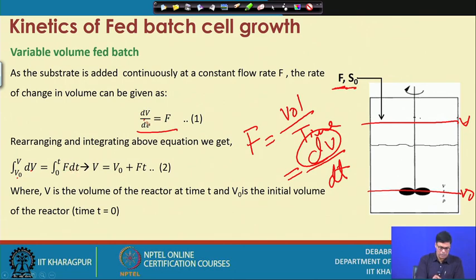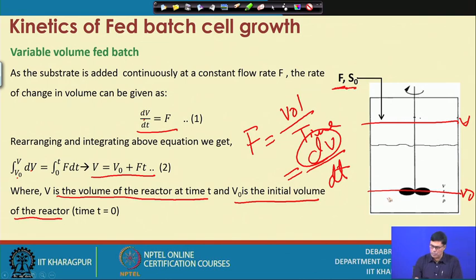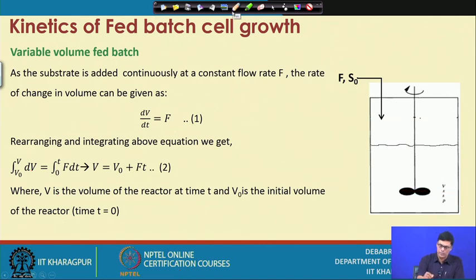This we can write as V equal to V0 plus Ft, where V is the volume of the reactor at time t and V0 is the initial volume of the reactor. So, we start with V0 volume and continuously add to make the volume up to Vt. This is how we can find the volume of the fed batch reactor.